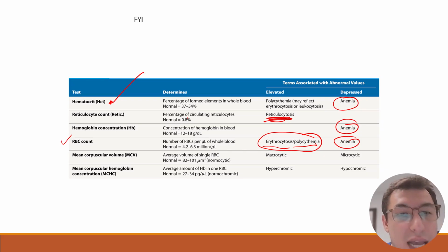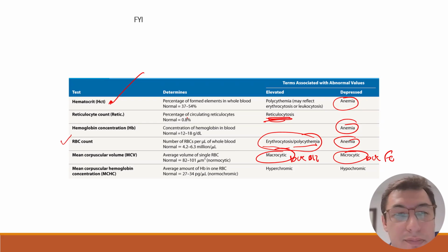MCV talks about the size of the red blood cell. When we don't have enough iron, your cells won't be produced as well, so we will have microcytic anemia. Macrocytic anemia is if you're lacking B12. So lack of B12, lack of iron.